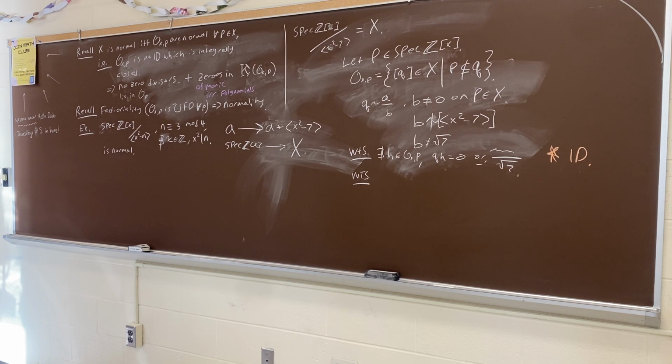Oh yeah. 121 wouldn't work because that's not square free. Right. But 11 would work. Is 11 3? No. 11's prime. No, but mod 4. Yeah, it is 3. So 11 works.